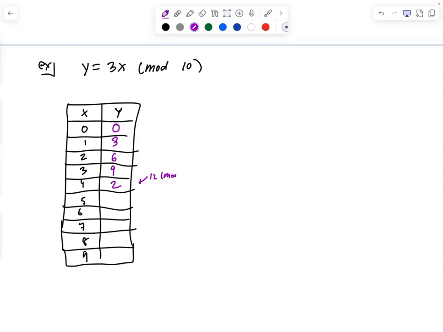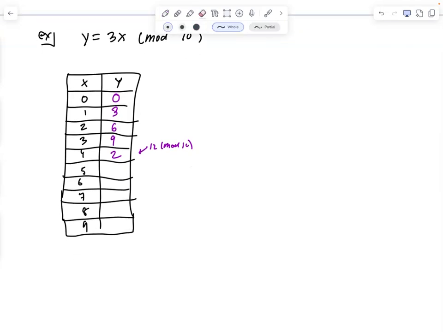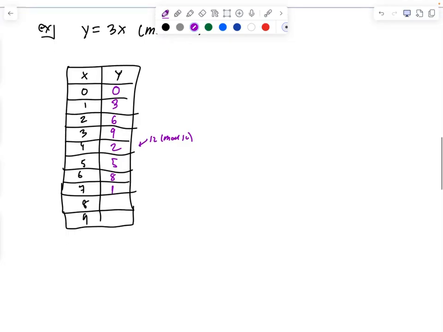Then 4, and finishing it off with 7. Now we're going up by 3s, but remember every time we go above the mod value of 10, we come back to 0. All right.